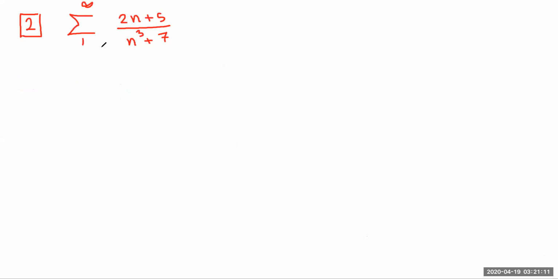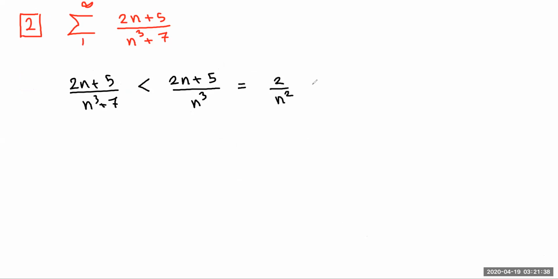Next exercise here, we can write 2n plus 5 over n power 3 plus 7. This is smaller than 2n plus 5 over n power 3. Then this could be written as 2n over n power 3, so 2 over n power 2, plus 5 over n power 3.